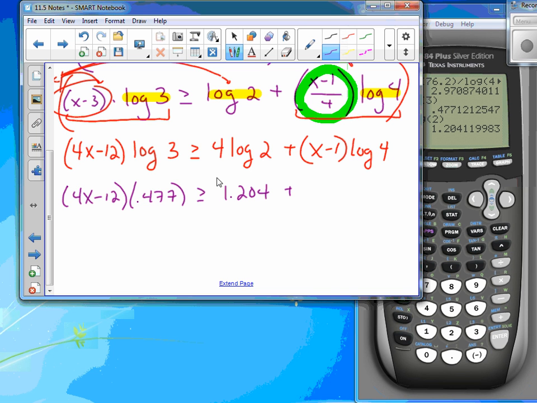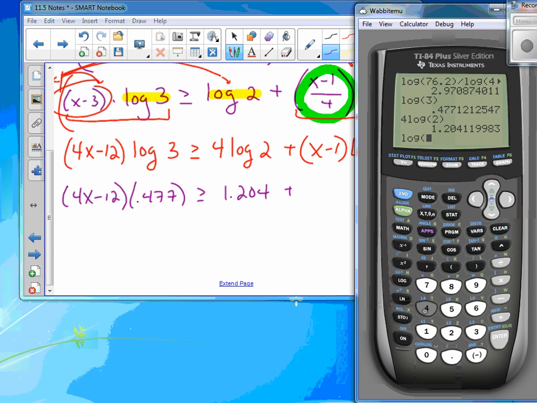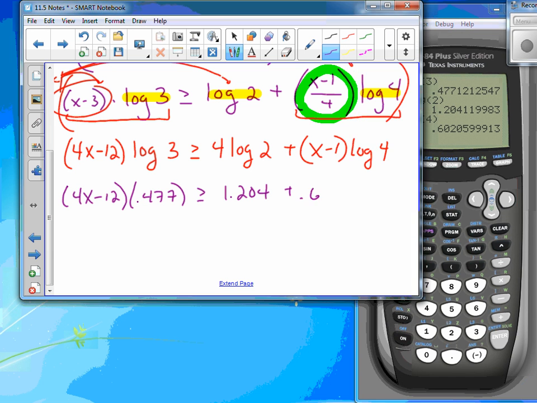And then log 4 is 0.602. Now it looks like it's just an algebra problem. There's no more logs. It's okay. So we're going to distribute, and then we'll go on to solving.